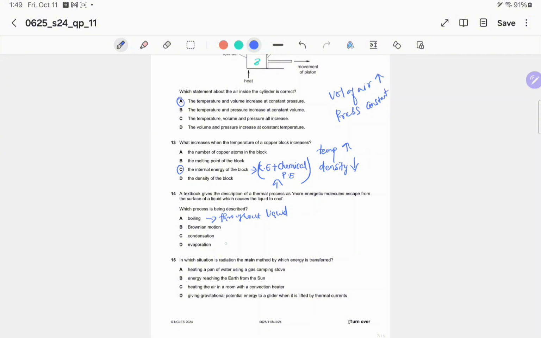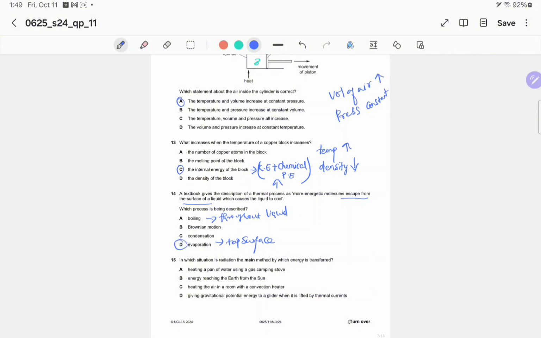It's also a cooling process, whereas evaporation takes place only at the top surface of the liquid. So here they are asking about escape of particles from the top surface alone. This means it is evaporation.